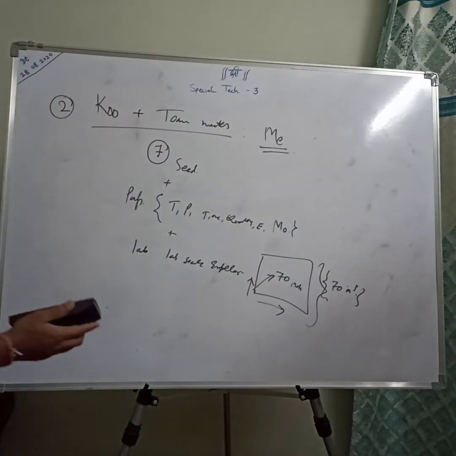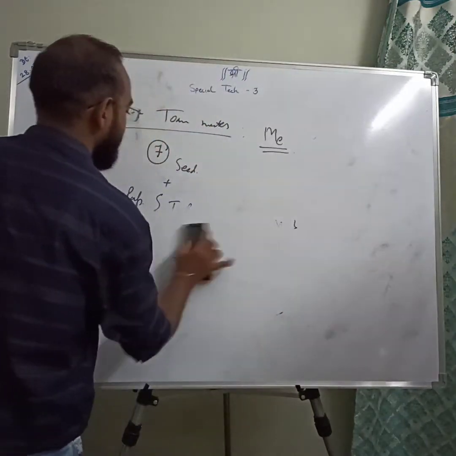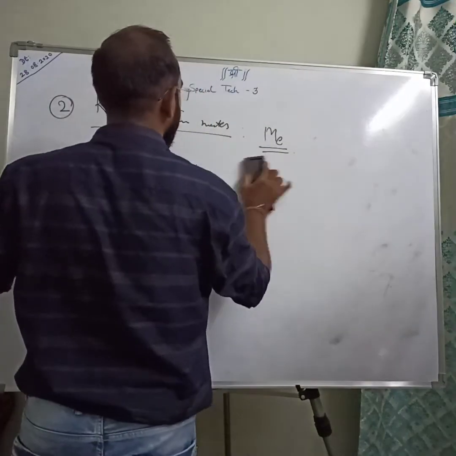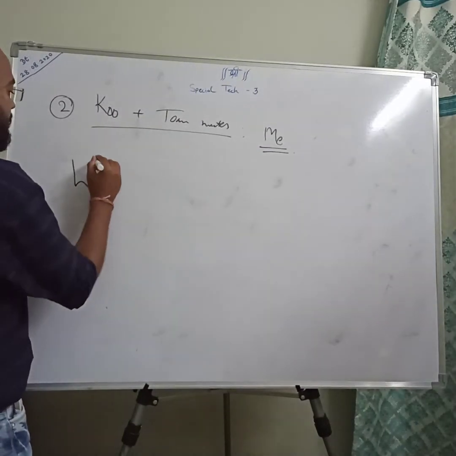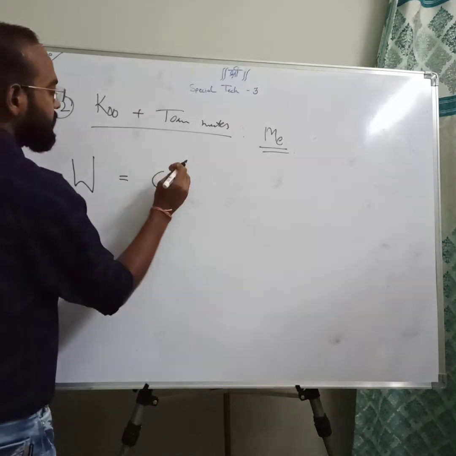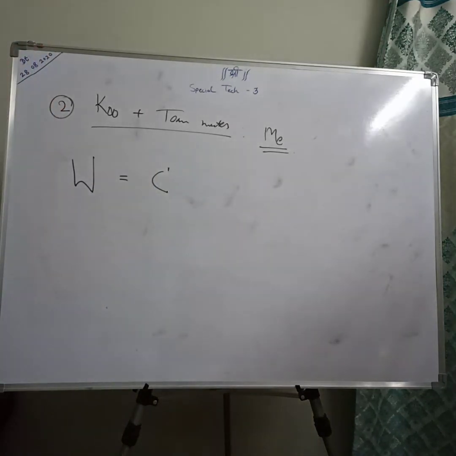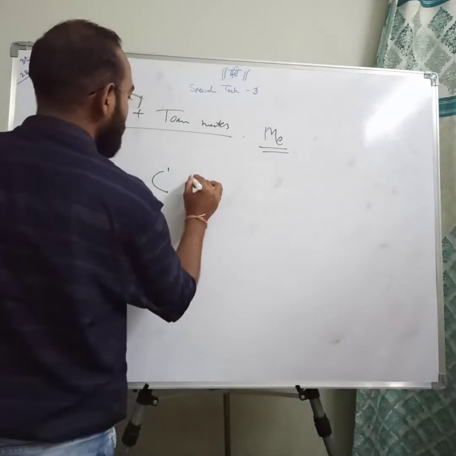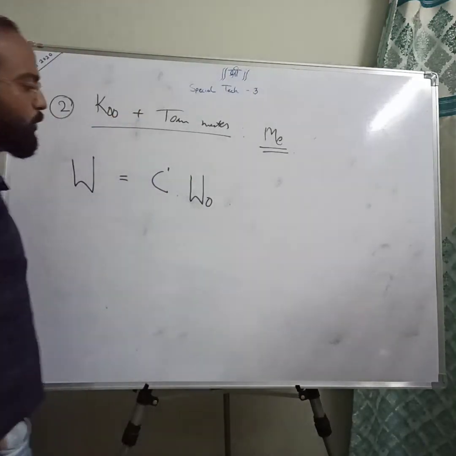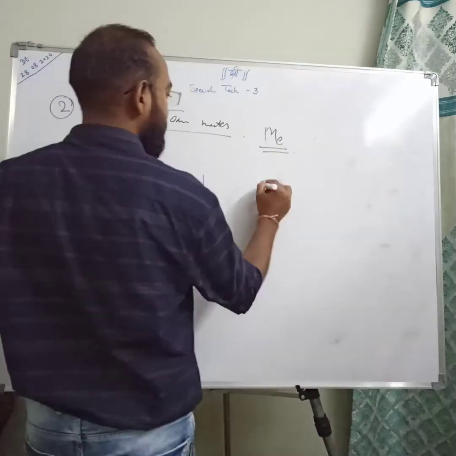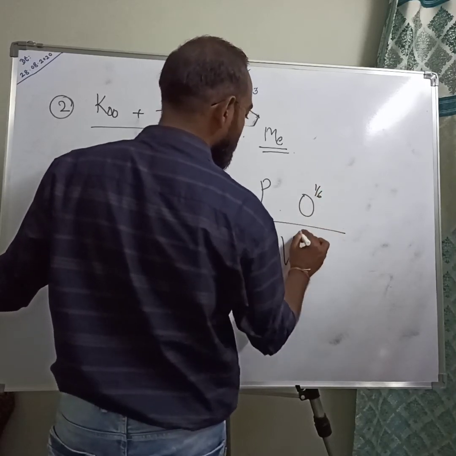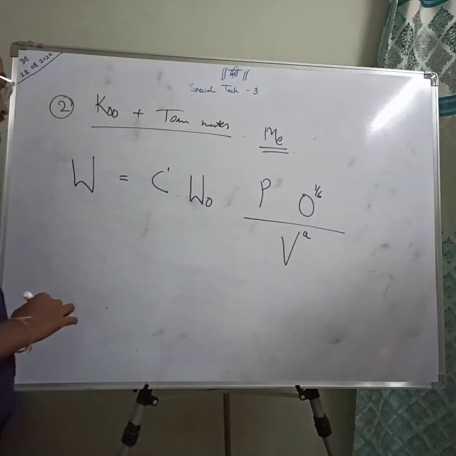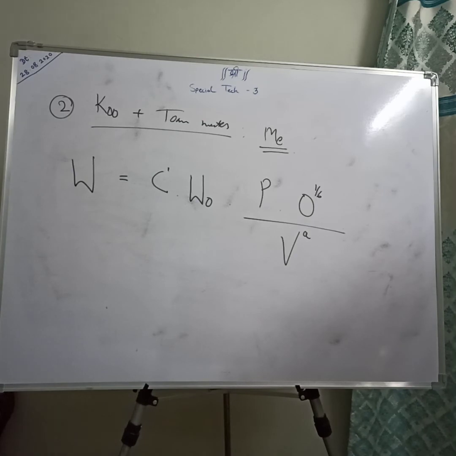So they developed one formula from this experiment, and the formula is capital W equals C dash into WO into capital P into O to the power 1 by 6 upon capital V to the power small a, where capital W is the weight of the oil expressed.